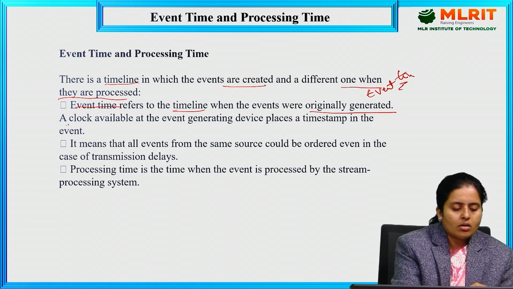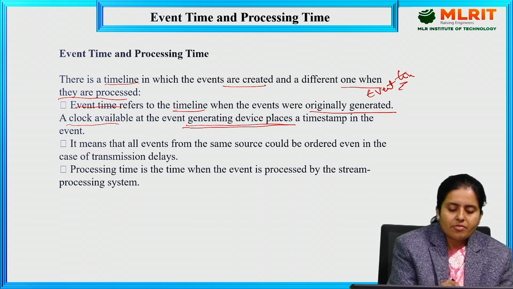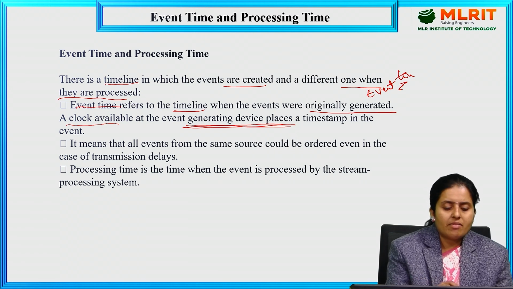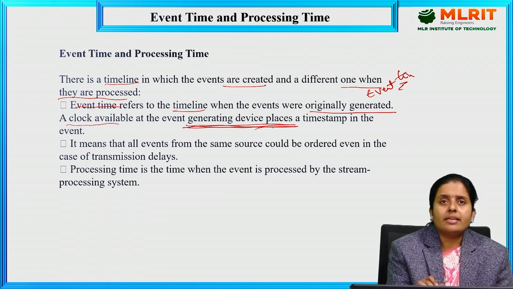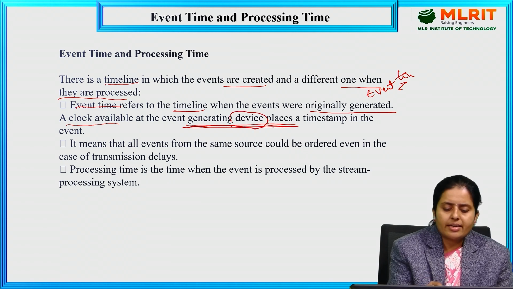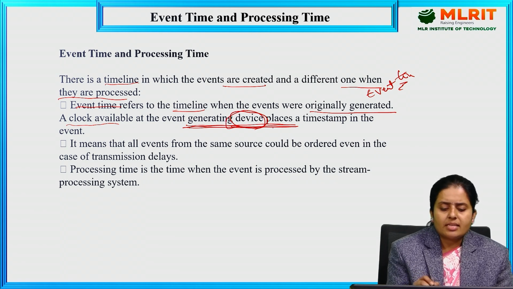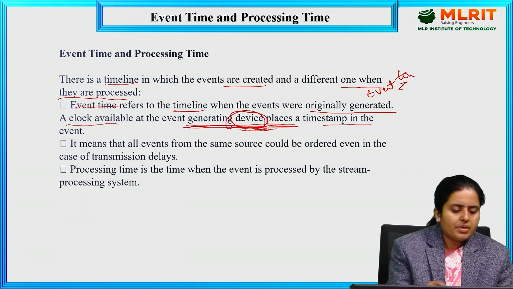Event time is the clock available at the event generating device, from where we get the event time. The device which is creating that particular event is the event time device, and it puts a timestamp in the event.